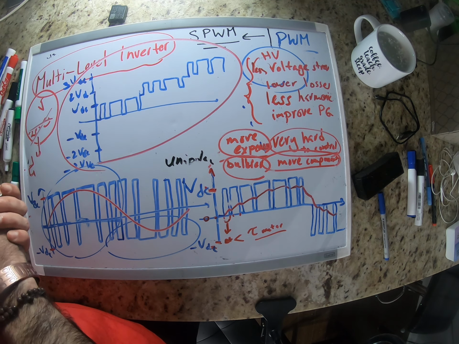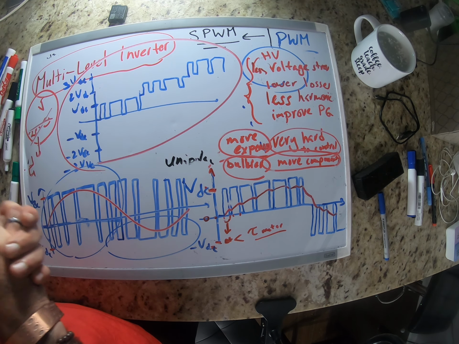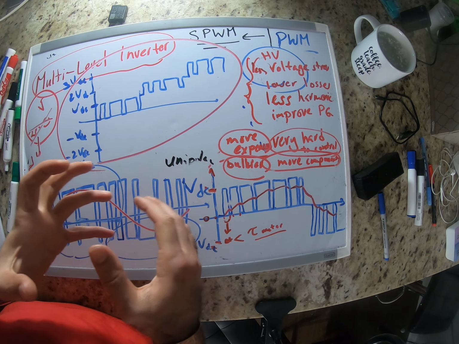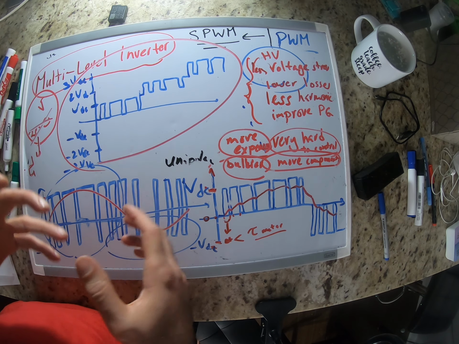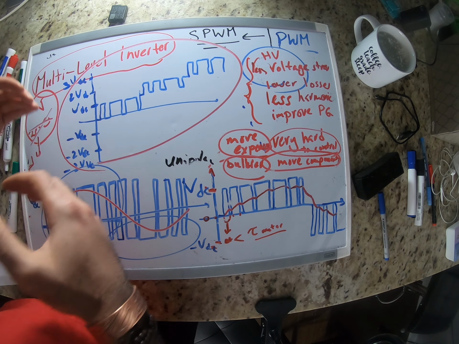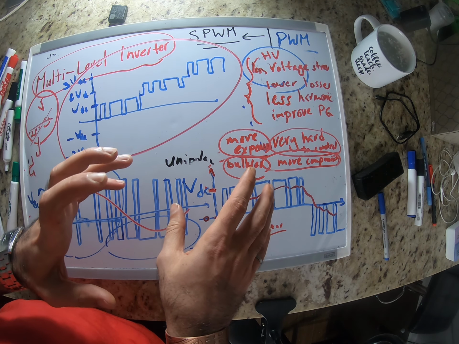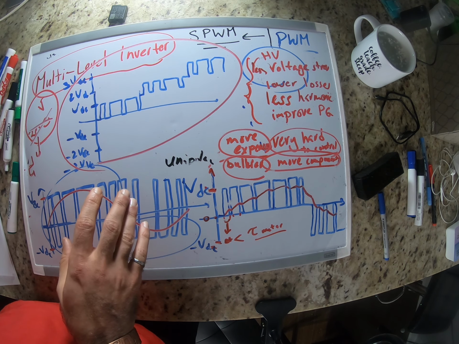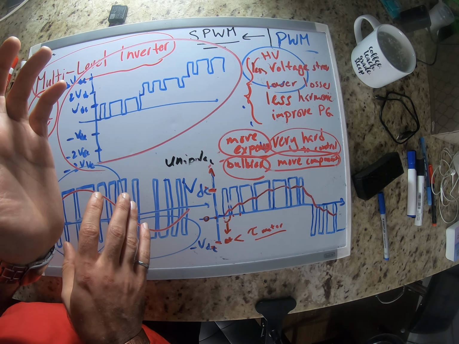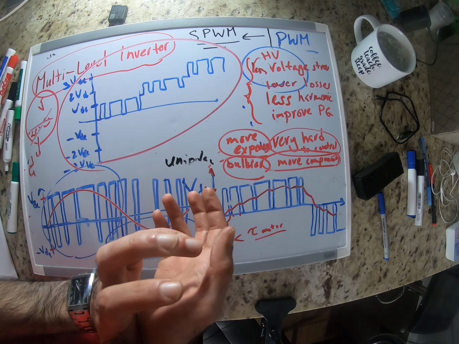So instead of having a high capacitor or high inductor for our filters, we try to use other modulation techniques or make our inverter multi-level to have less harmonics, or have the harmonics at a very higher level. Those higher level harmonics are easier to get filtered out.